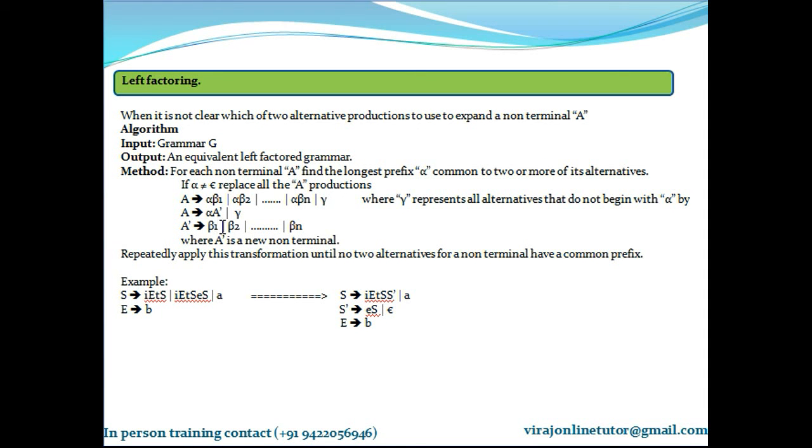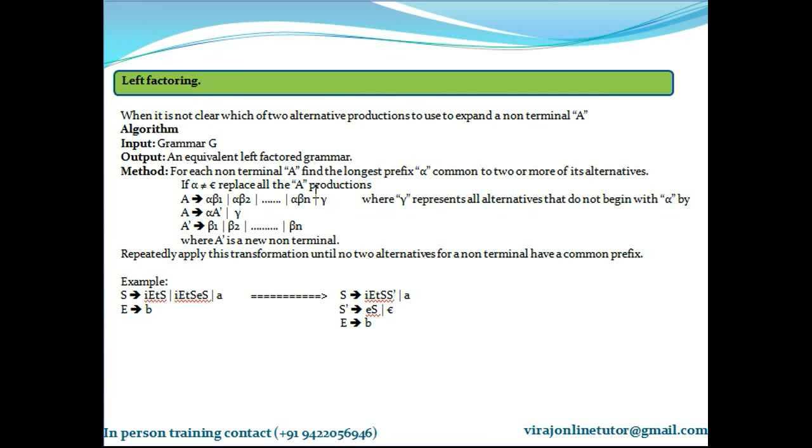And what is a dash? A dash can be either beta 1 or beta 2 till beta n. Simple. So a dash is a new non-terminal that we are introducing. And repeatedly apply this transformation until no two alternatives for a non-terminal have a common prefix.